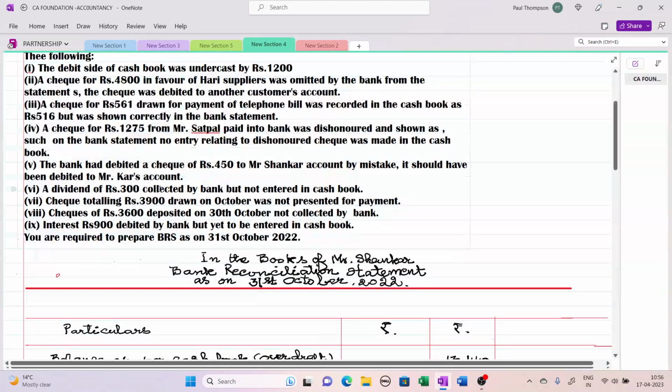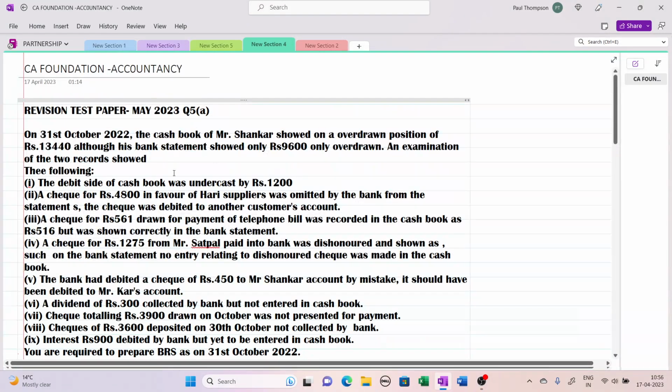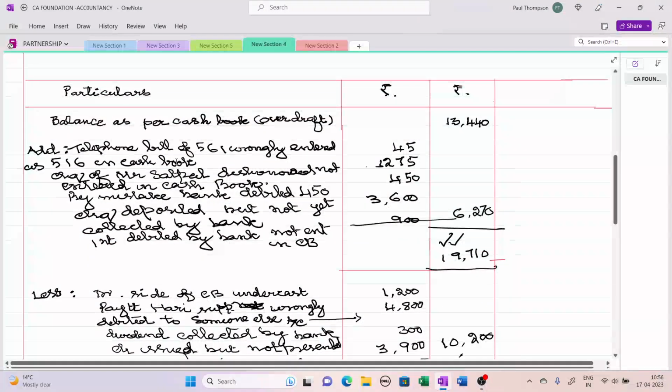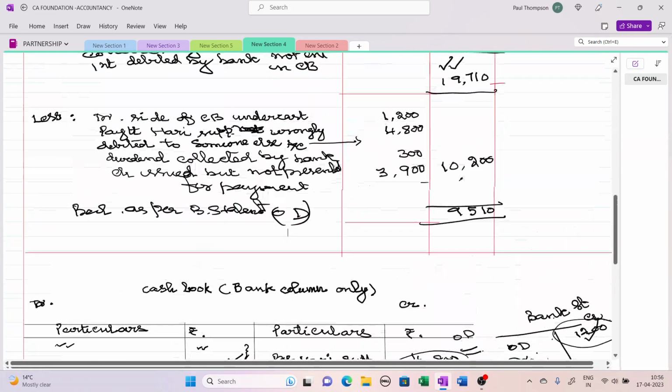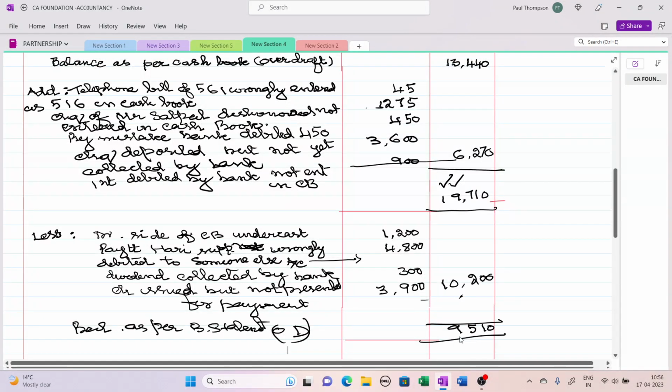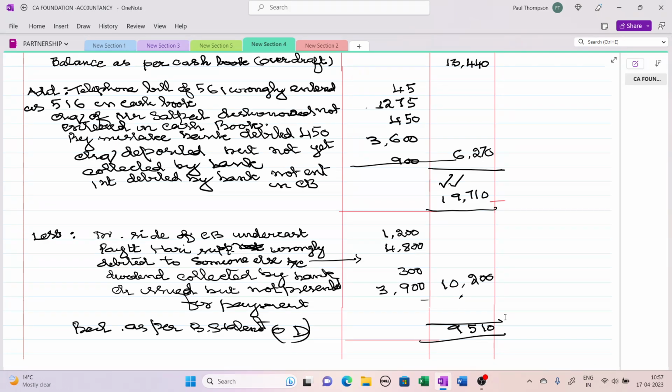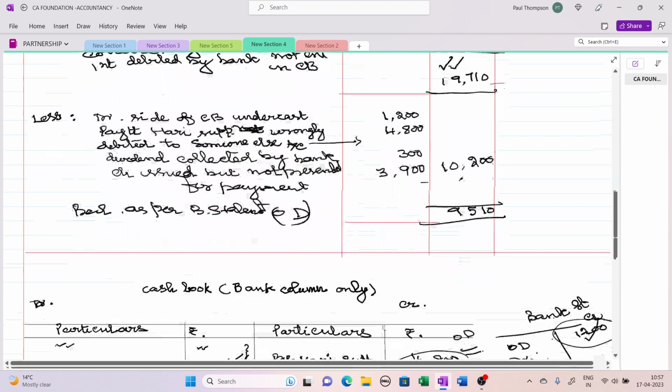The ICAI question, they have given the answer as 9,600, but it shows that they have missed out some item or the other. So the correct balance is only 9,510. Otherwise also, you can verify like this: 13,440 minus 9,510, that is 3,930. This should have been the difference.